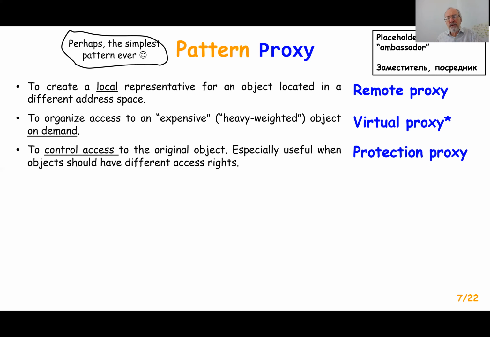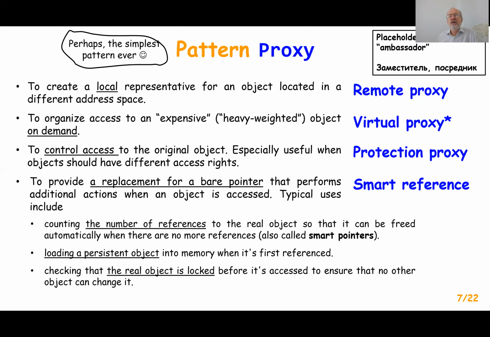And finally, probably the most practically interesting thing is the so-called smart reference or smart pointers. This use case of proxy is very interesting. We can organize more smart control of objects. Simply speaking, we can allocate memory for an object, and we can count references, or just the number of references, to that object.